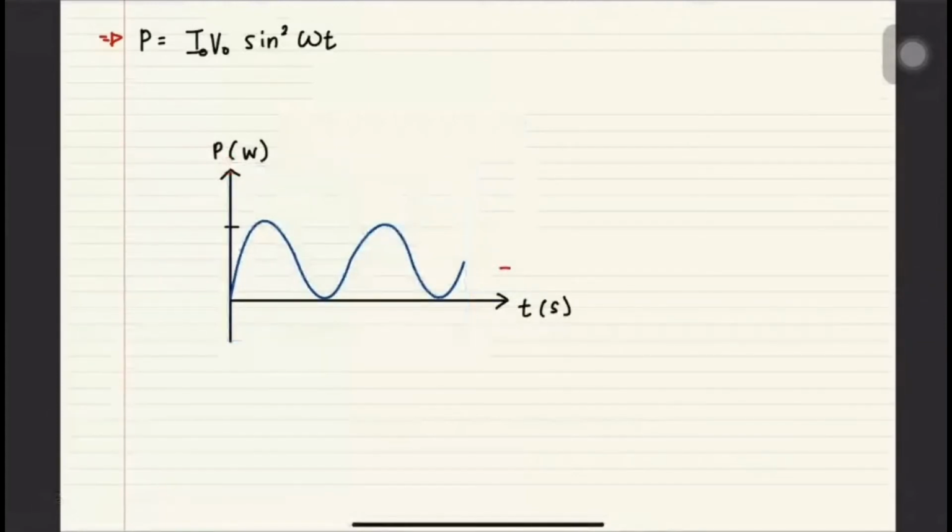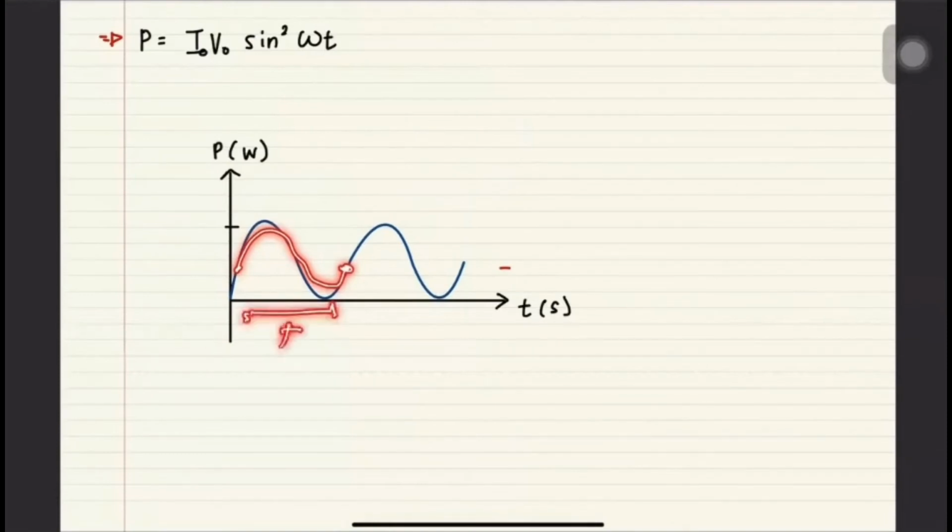So you can see that the power's motion is still sinusoidal. You still have the period and so on. From here to here will be one period.